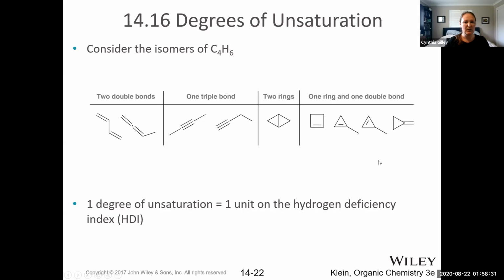We can see all of these structures would match that formula, C4H6. They either have 2 double bonds, 1 triple bond, 2 rings, or 1 ring and 1 double bond. So we can start to get the idea that 1 unit of unsaturation is shown in a structure as either a ring or a pi bond.